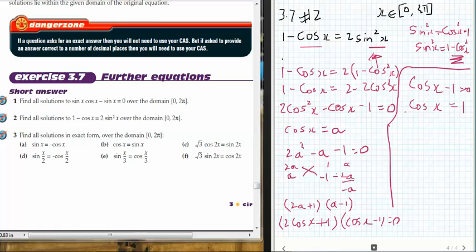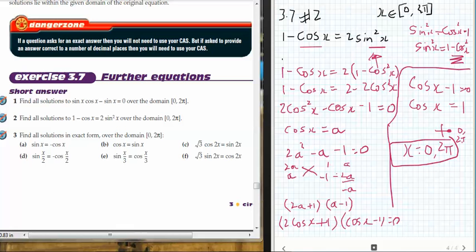Now, cos is the x coordinate, and the x coordinate equal to 1 is there at 0 and 2 pi. Since 0 and 2 pi are inclusive, two answers for x that satisfy this are 0 and 2 pi. So there are two answers so far.